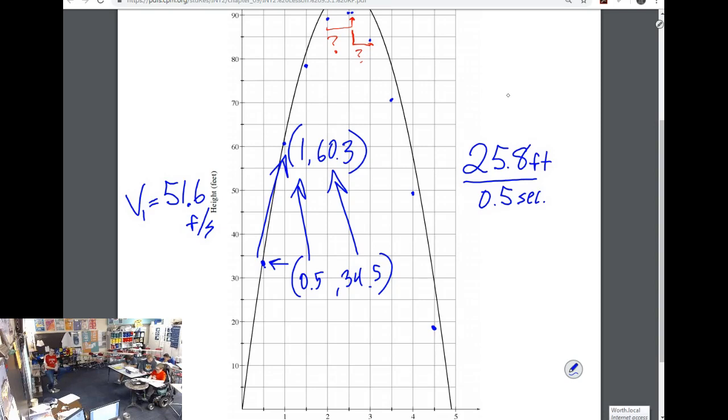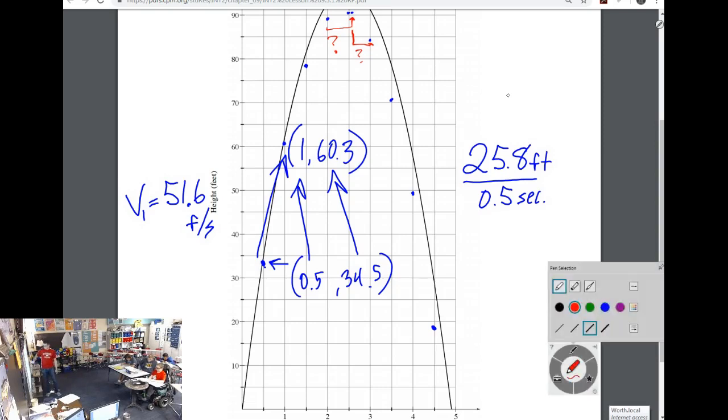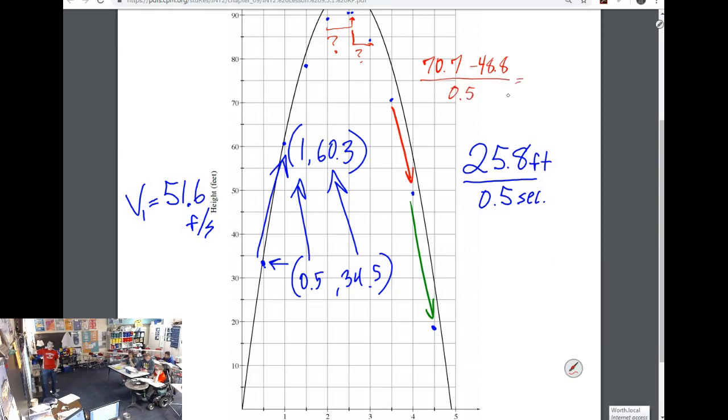Let's look at another half-second span on the way down, similar to those two. Would that be 4 and 4.5? Yeah, or 3.5 and 4, whichever one we want. I did 4 and 4.5.